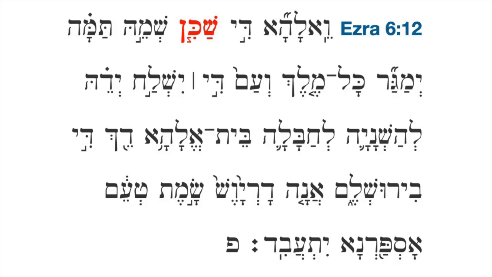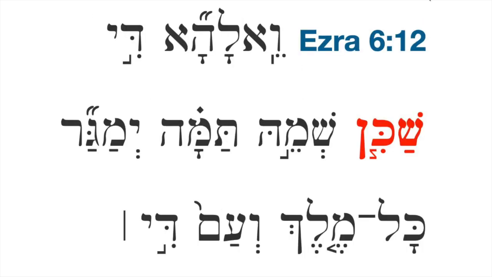In this video, we only have one form from Ezra, and that is in Ezra 6:12, and the form is shakin. It's the third word of the verse. You can see that there are three root consonants, shin, kaf, nun. There is a patach, chirik vowel pattern, A, I vowel pattern, and a dagesh inside the kaf.